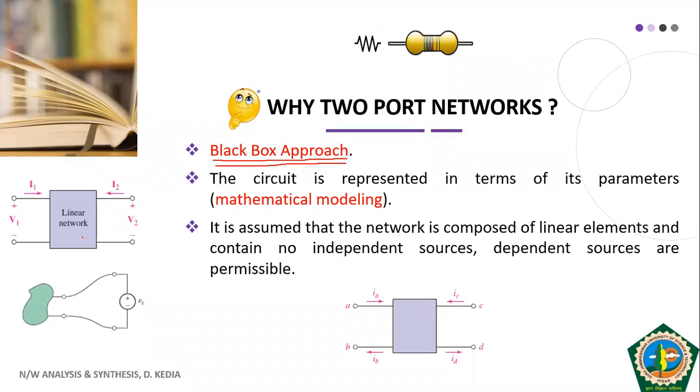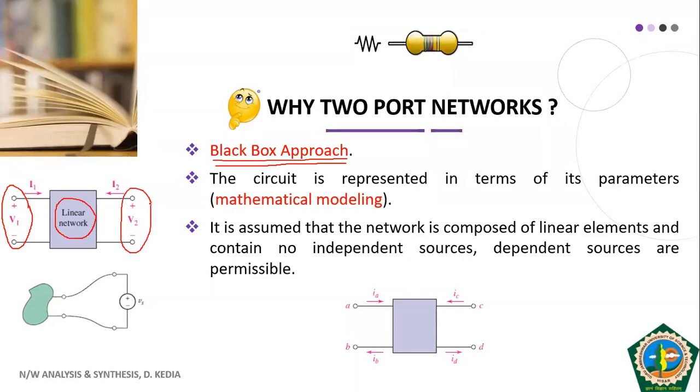What we do is embed our entire circuit, entire linear network, in a black box, and we need not worry about what is there in that black box or in that circuit. We are simply concerned with whatever we provide at the input and whatever we get at the output.